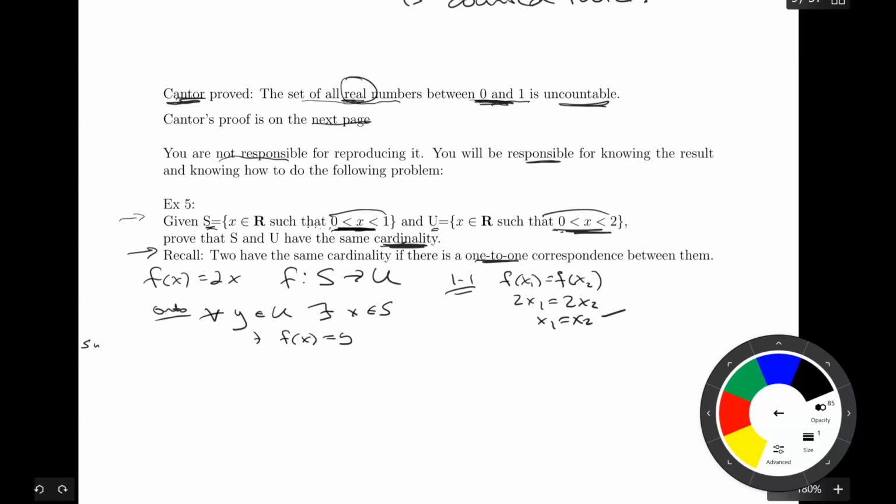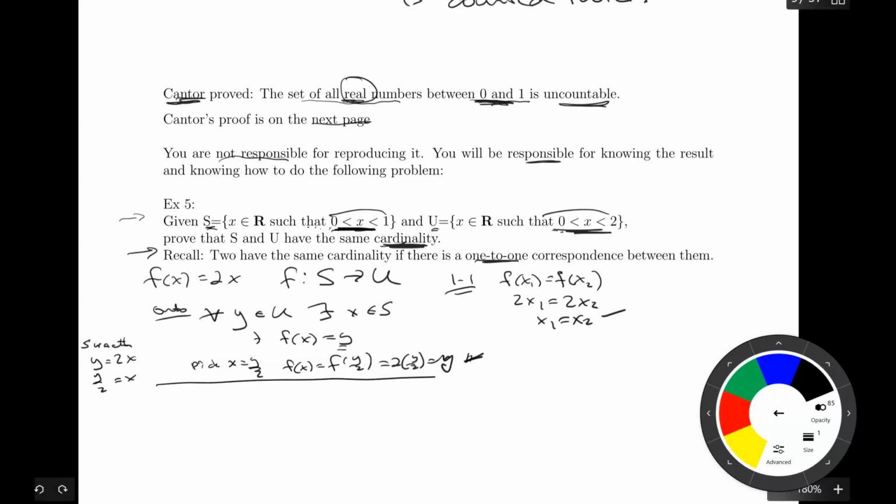This is where we do a little scratch work over here, just like we did before. So I have y equals 2x, so y over 2 is x. Let's pick x equal to y over 2. Then f of x is f of y over 2, which is 2 times y over 2, which is y. Check. I found an x, and I got to the y value.